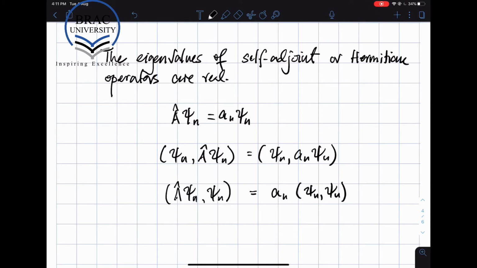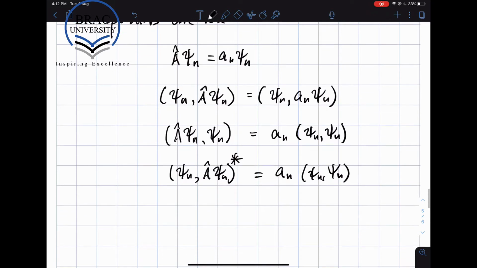But the left-hand side is nothing but the inner product of psi n with A hat psi n, star, where the right-hand side is just psi n.